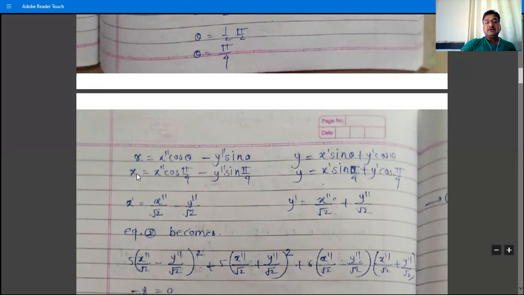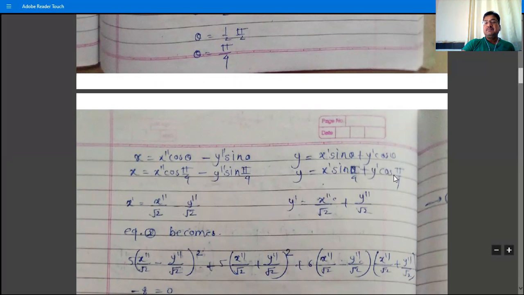So x dash is equal to x double dash cos pi by 4 minus y double dash sin pi by 4, because theta is pi by 4, and y dash is x double dash sin pi by 4 plus y double dash cos pi by 4. Therefore, cos pi by 4 is 1 by root 2, sin pi by 4 is also 1 by root 2. So write those values. x dash is x double dash divided by root 2 minus y double dash divided by root 2, and y dash is x double dash divided by root 2 plus y double dash divided by root 2.